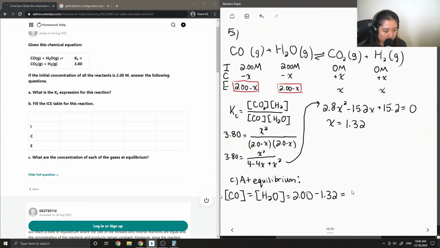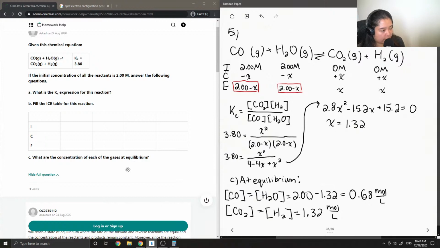And you get 0.68 moles per liter. And then lastly, the concentration of CO2 is equal to the concentration of H2, which is just equal to x. So it's 1.32 moles per liter.